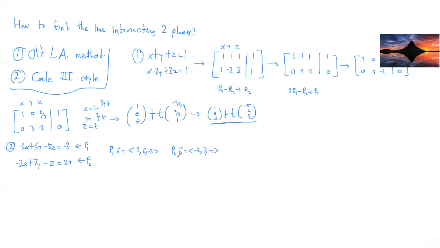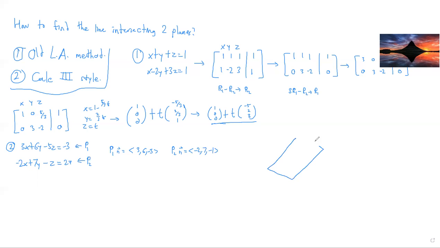Now, this may be a little hard to visualize, but the direction vector of the line will actually be perpendicular to the normal vector of these two planes. Just try visualizing this.